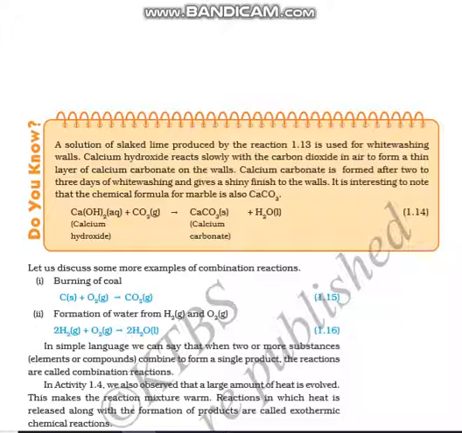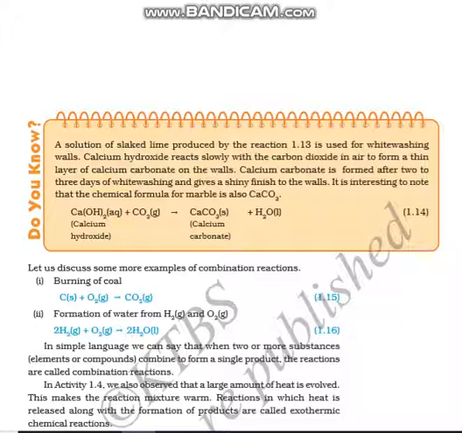If we burn coal, which is nothing but carbon, we are doing this process in presence of air. Because of the addition of air, it gets converted to carbon dioxide, which is in gaseous form.